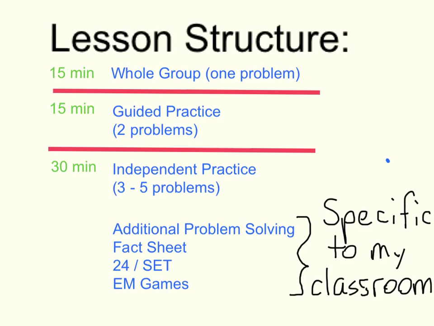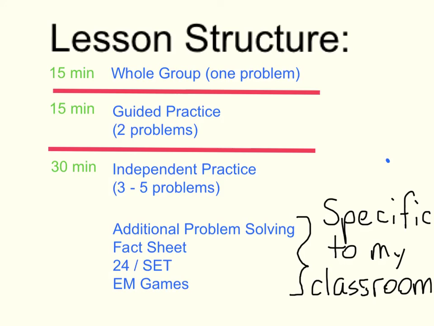Toward the end of the workshop, my question became, how does theory become practice? What will this look like in the classroom structure that we already have established? And Bonhart described an hour-long lesson might consist of a whole group problem, one problem, and the slow down process might cause it to take 15 minutes.